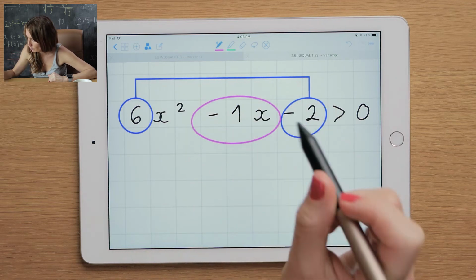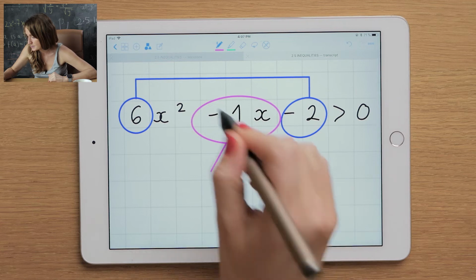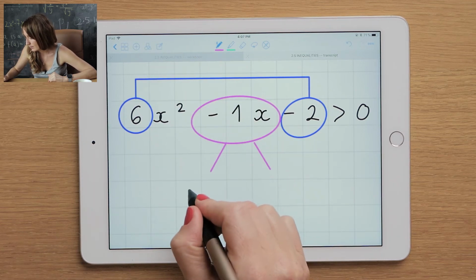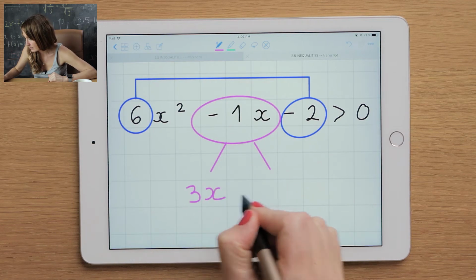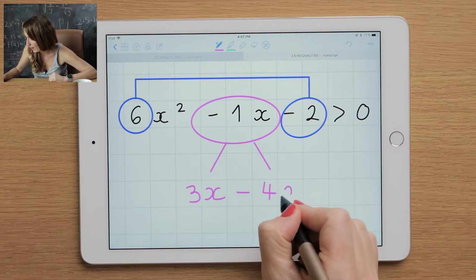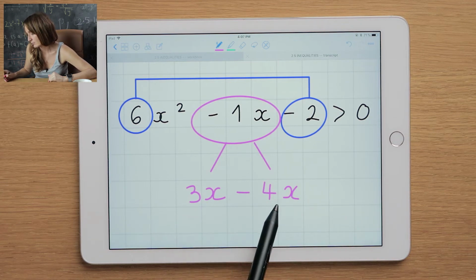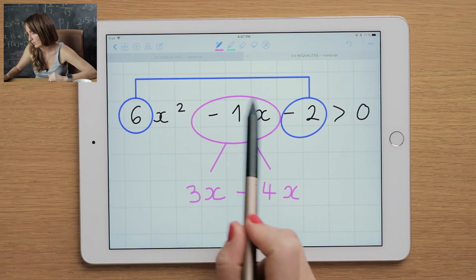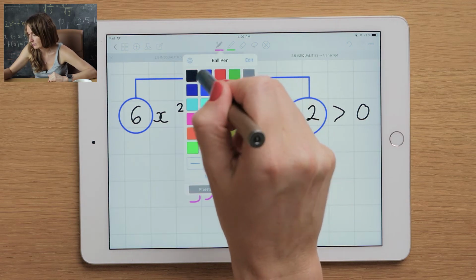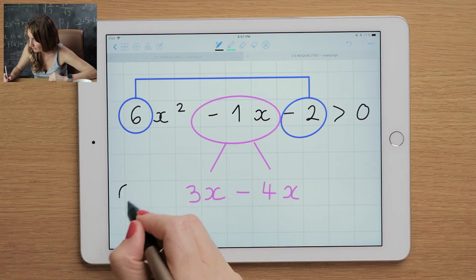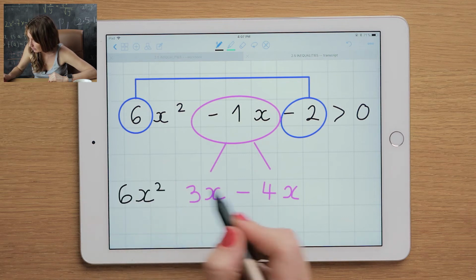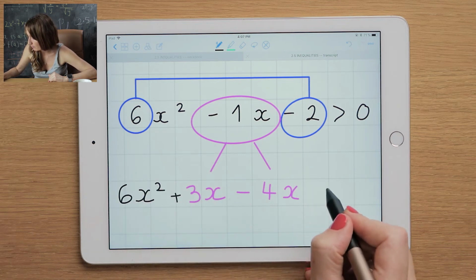So I take my minus 1x and I split it into two parts, which is 3x and minus 4x. You can see if I add them together, 3x minus 4x, I will end up with minus 1x. I just rewrite my first term and my last term.